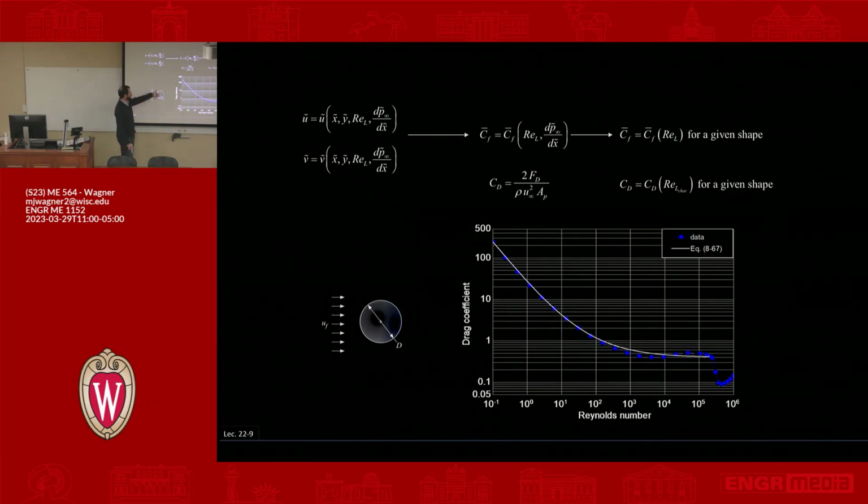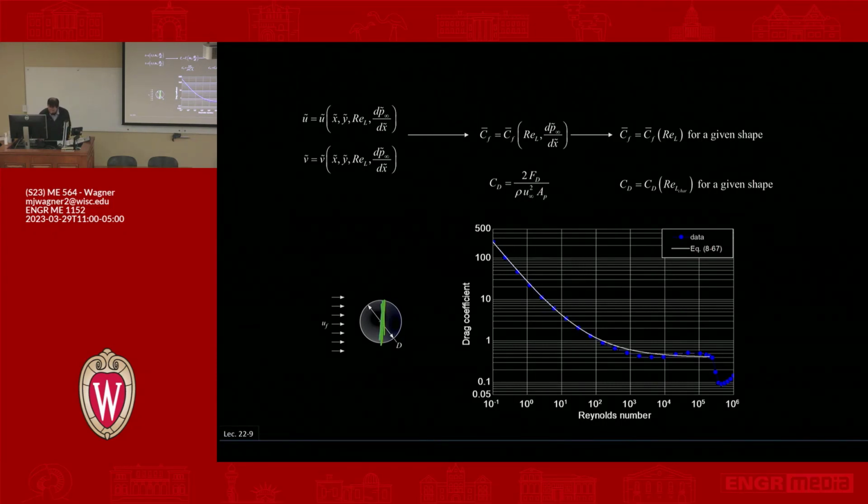And drag coefficient is really similar. It is looking at the drag force divided by the momentum. But the difference here is instead of the area being the exposed surface area, the definition of the drag coefficient is the projected area, so A sub P. For this example, the projected area would be this disk.